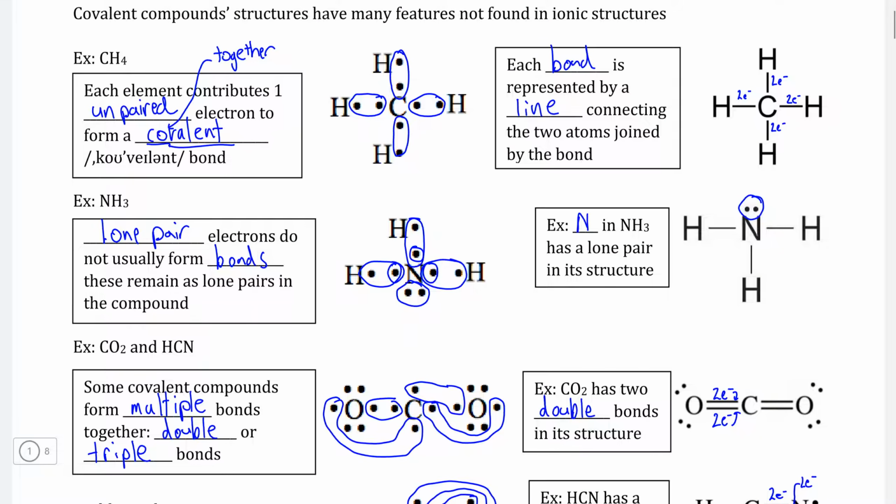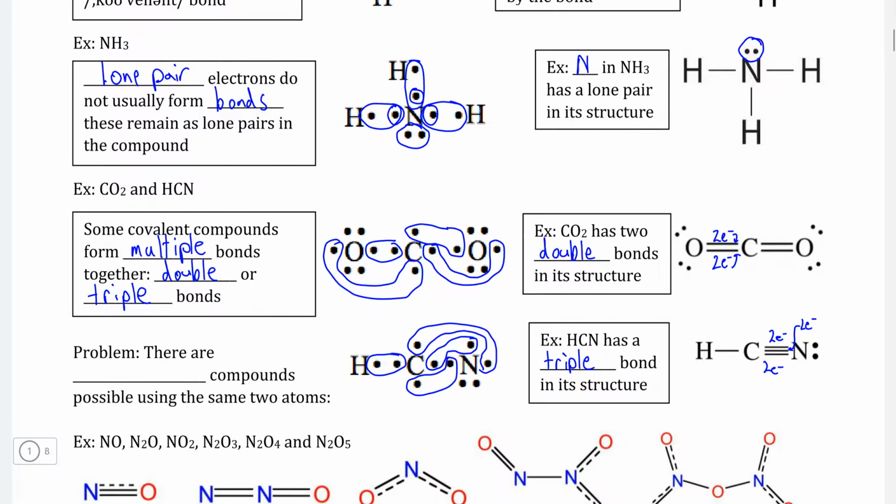So even though the formation of covalent bonds happens more or less identically, no matter what the nonmetals are, we can see that we have a lot more flexibility in terms of bond combinations. For example, we can have bonds and lone pairs depending on which elements already have lone pair electrons, and we can also have multiple bonds, double bonds and triple bonds, a phenomenon that hasn't been seen in ionic compounds.